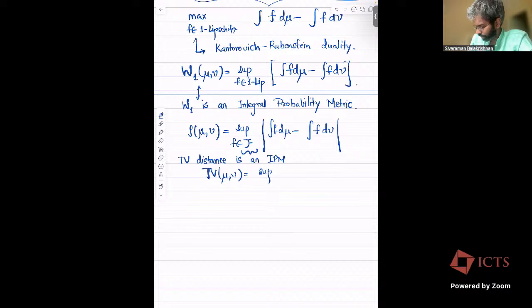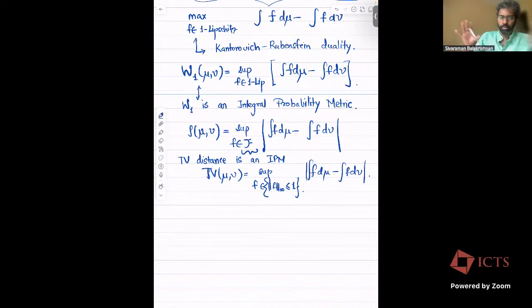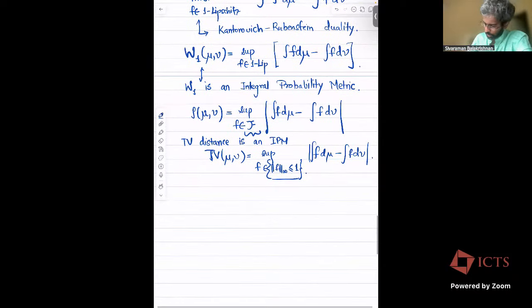It's the supremum over f in, let's say, bounded functions, of the integral of f d mu minus the integral of f d nu. So the way to define a distance between distributions is you take a bunch of base functions and ask how different are the means of these base functions under these two distributions. That's the IPM. If I take this collection of base functions to be all bounded functions, then I recover the total variation distance. And similarly, there's another one which is called the maximum mean discrepancy.